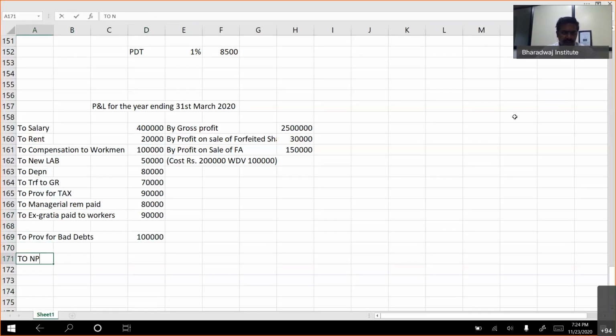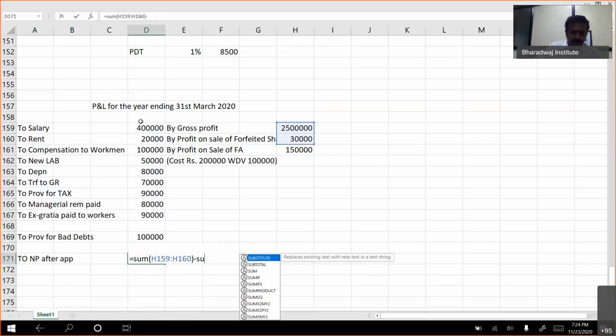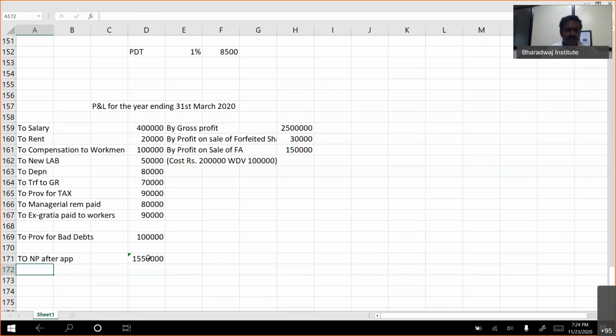To net profit after appropriation: total of credits minus debits, so 15,50,000.